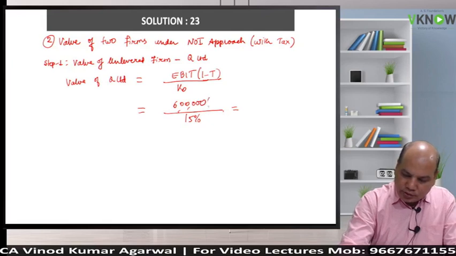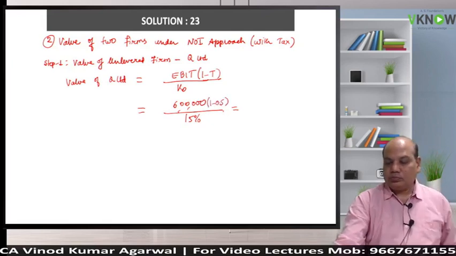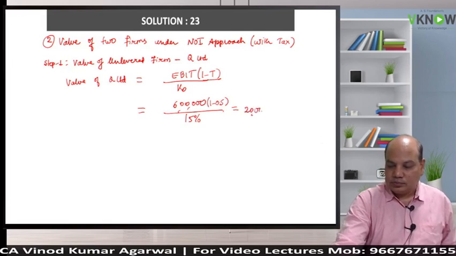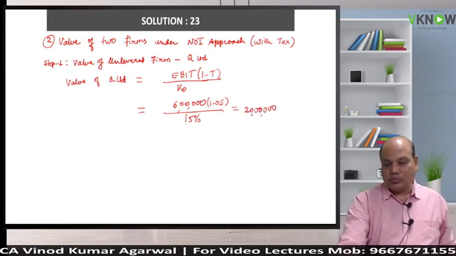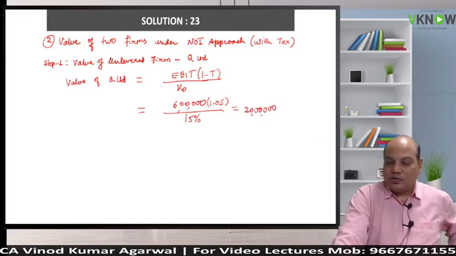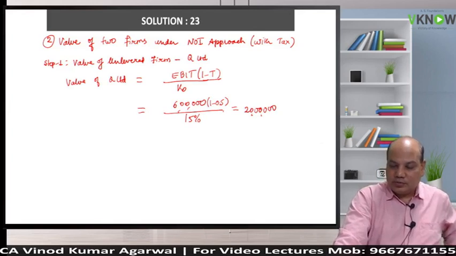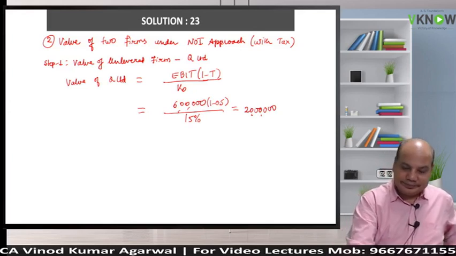Yes, 1 minus T. Is it 20 lakh? EBIT into 1 minus T if there is taxation. If there is no taxation, EBIT by KO. Are you getting 20 lakh? Yes, sir.